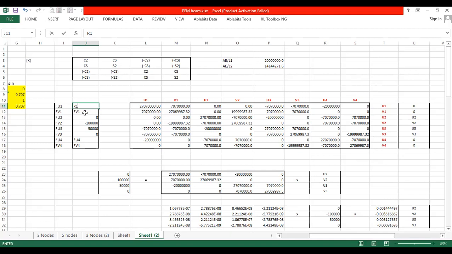Let's say R1, R2, R3 in the x direction, and R4 in the Y direction, right? At the second node, the member forces cancel each other because the joint is connected. I explained this in the previous video.